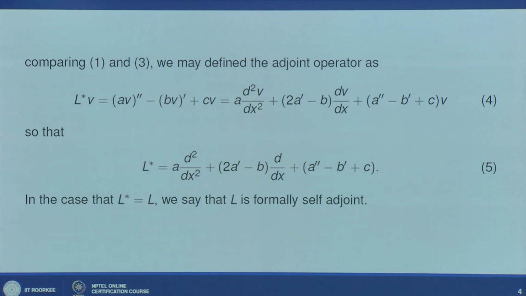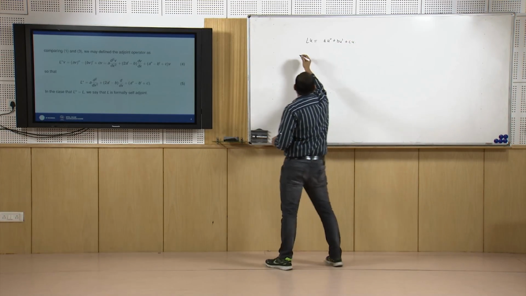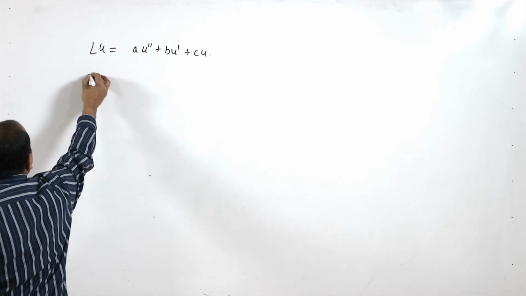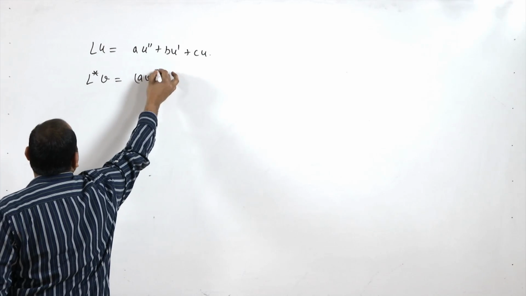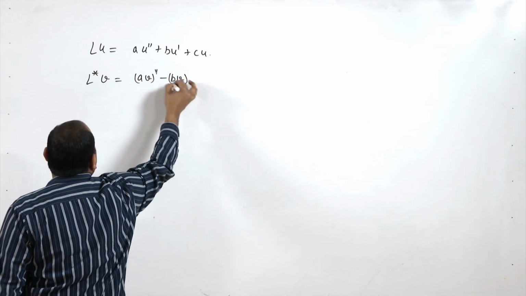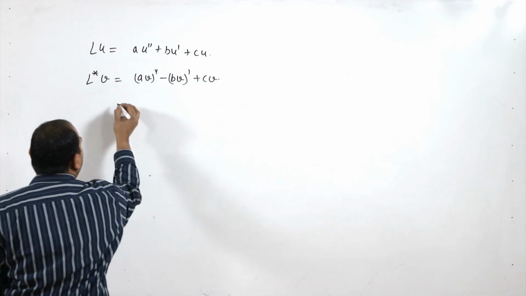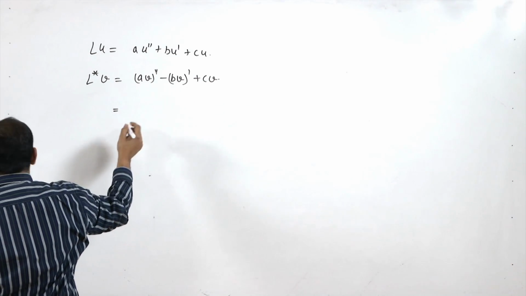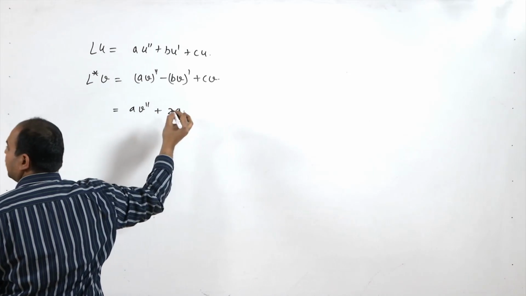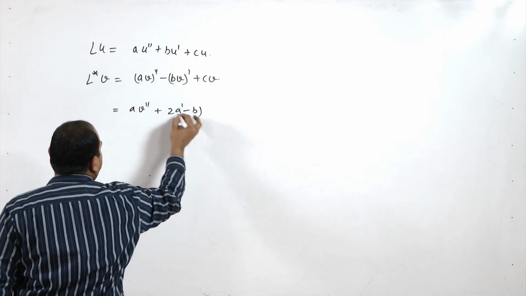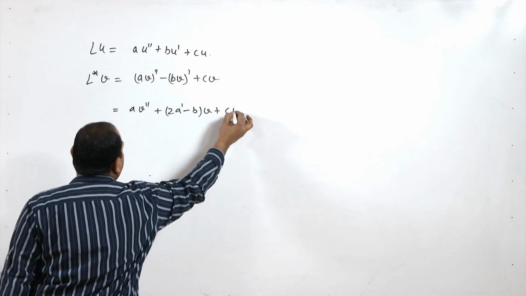So let us say L of u is defined as a u double dash plus b u dash plus c u, and by calculation we have L star v as a v double dash plus (2a dash minus b) v dash plus (a double dash minus b dash plus c) v.